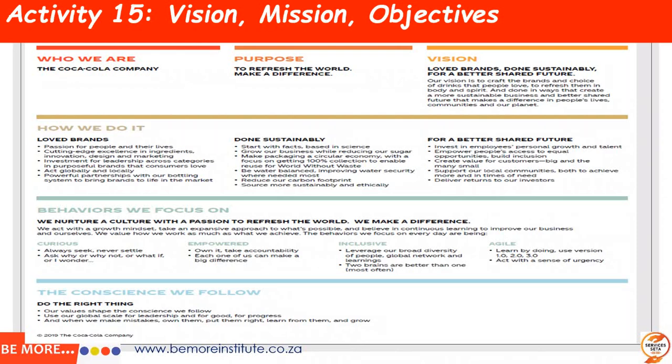Okay. So as we were saying, they're looking at the sugar, and they're also looking at their responsibility towards water, because remember, Coke uses a lot of water and we have a water shortage in the country. So they must contribute and make sure that water security is something they contribute to. Carbon footprints with the factories, sourcing more sustainably and ethically, and also a better shared future.